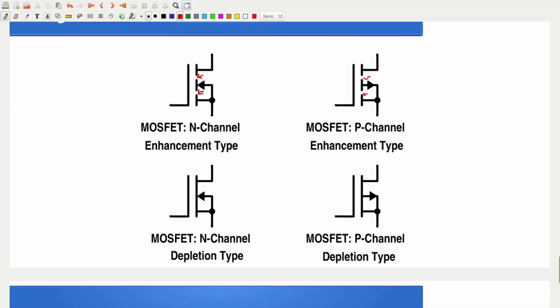In case of depletion, we are having a continuous line here which shows that the depletion region is already present, and the arrow will be towards inside in case of N channel. For P channel the arrow is towards the outer side. This is how the symbol of the various type of MOSFETs are drawn.